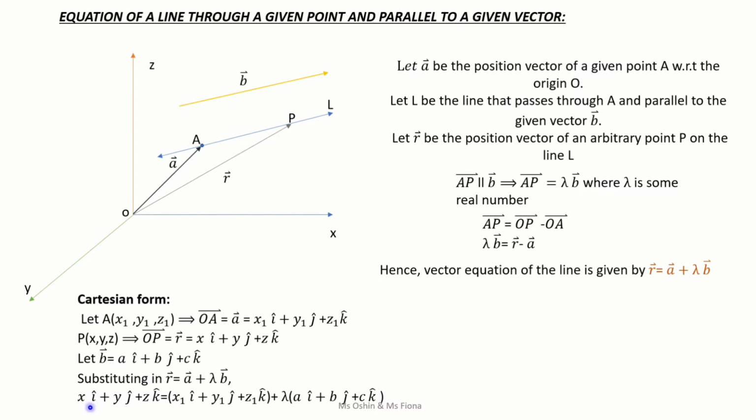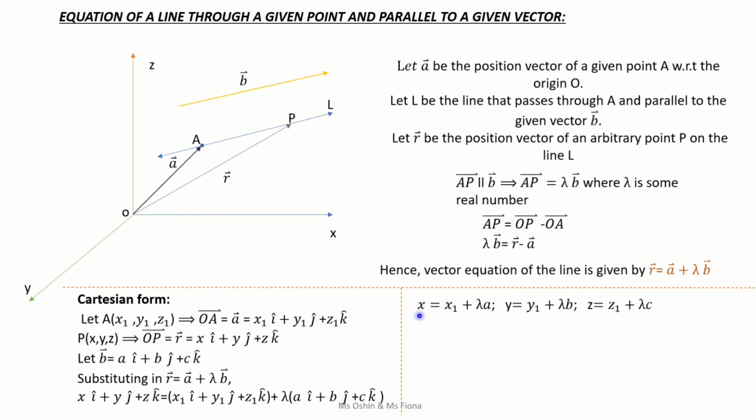Now you see, two vectors are equal to each other, so their corresponding elements are equal. So we can write x is equal to x1 plus lambda times a. y is equal to y1 plus lambda times b. z is equal to z1 plus lambda times c. So we get this step.